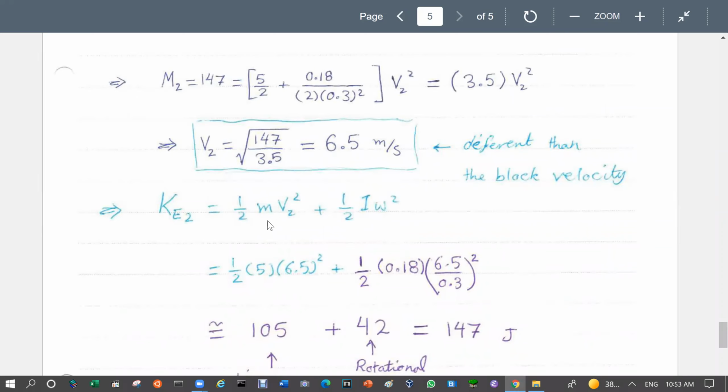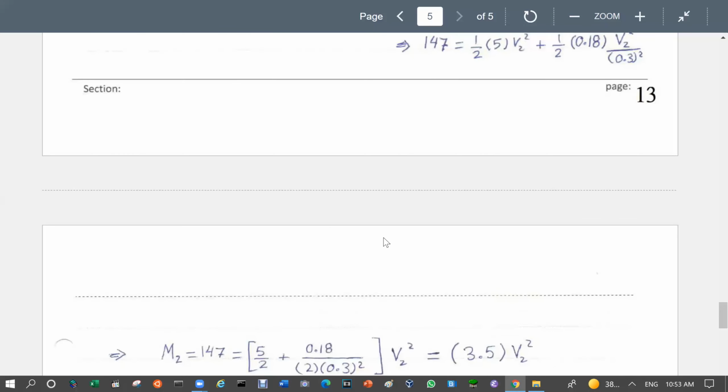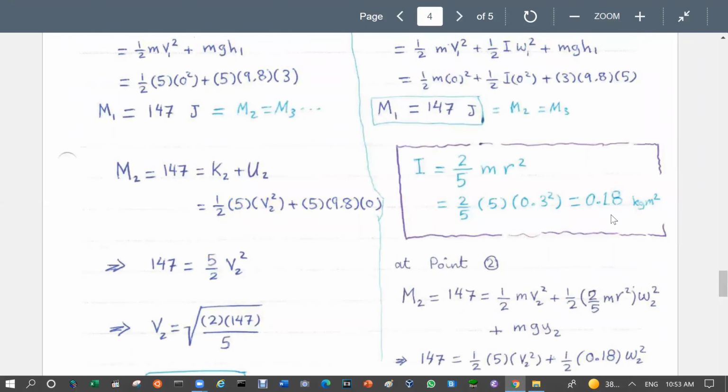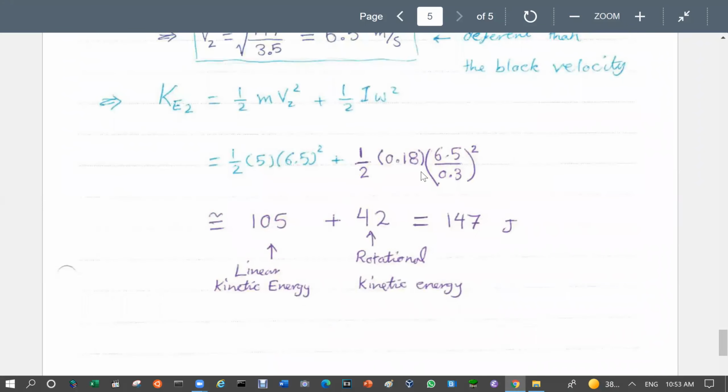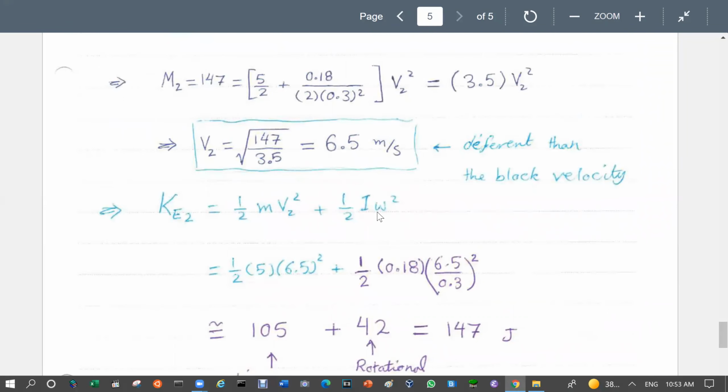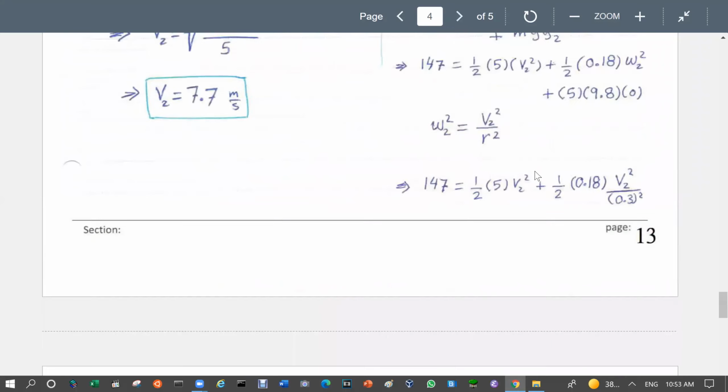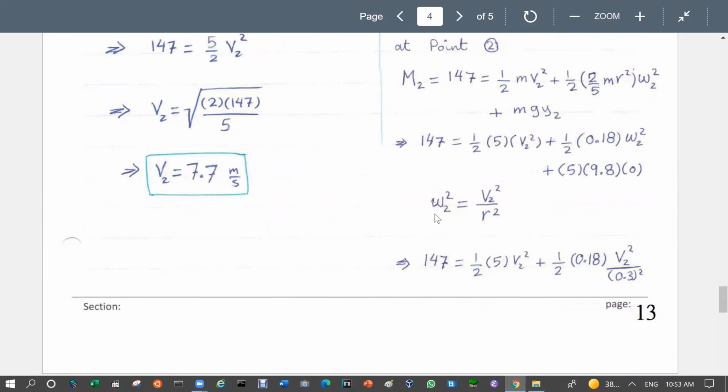The kinetic energy for the linear motion is 1/2 mv squared. This is v, what we found, which is 6.5 squared. Plus the rotational kinetic energy, which is 1/2 I. We found I here, 0.18, multiplied by omega squared.